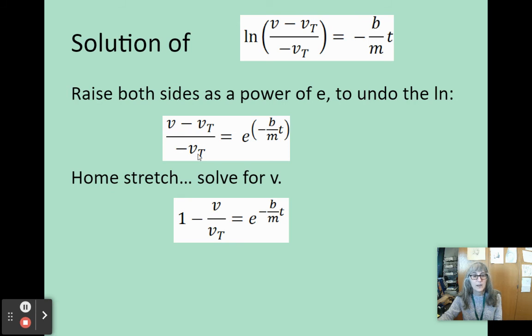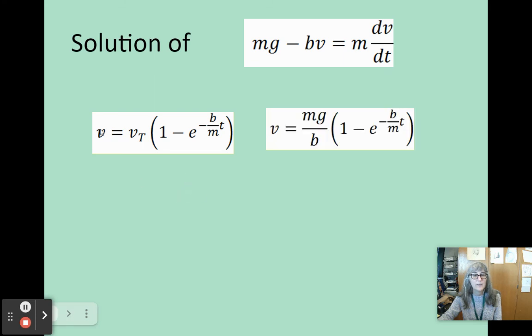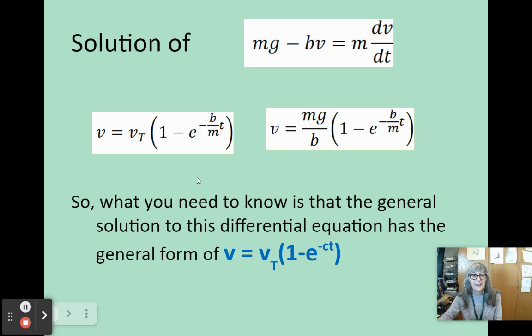And then we have v over negative vt, that's minus v over vt. So I just switched the order there. Then we're going to move the 1 to the other side and multiply everything by negative 1, and then multiply through by vt. And there we go. And if we want to substitute in what vt is, we've got that.